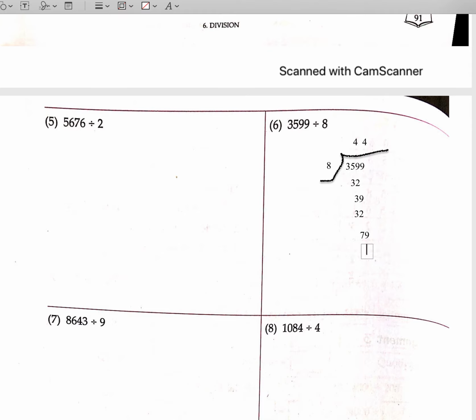So we'll write 72 here, and up we'll write 9. So now the last would be 79 minus 72, which is equal to 7. So the remainder here is 7, and the quotient is 449.